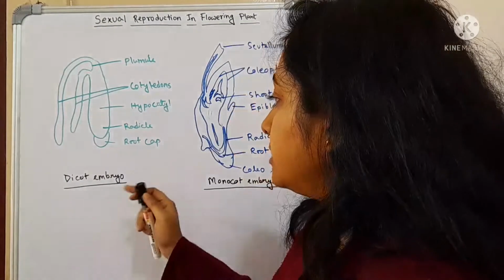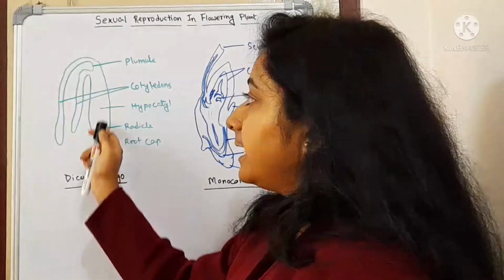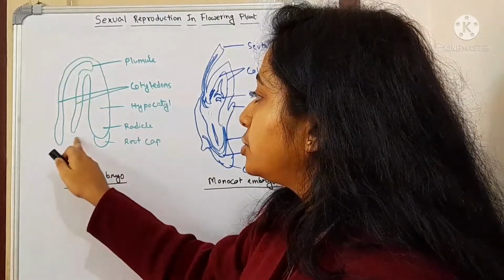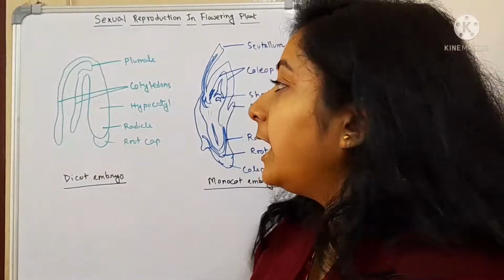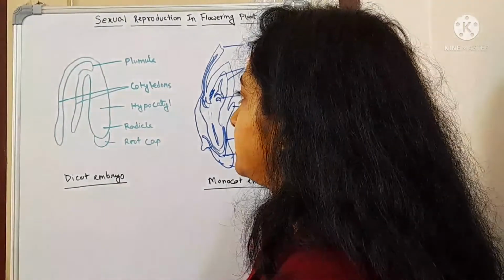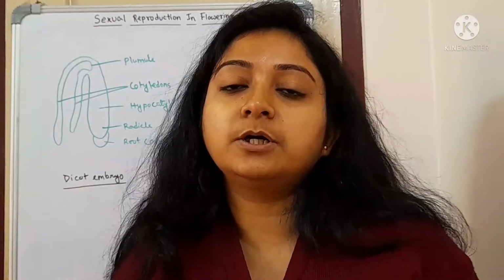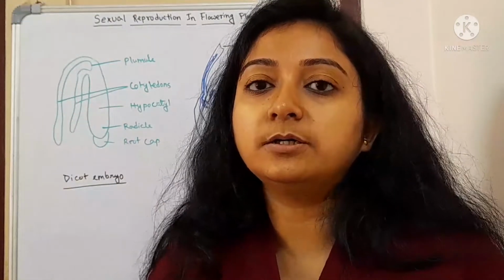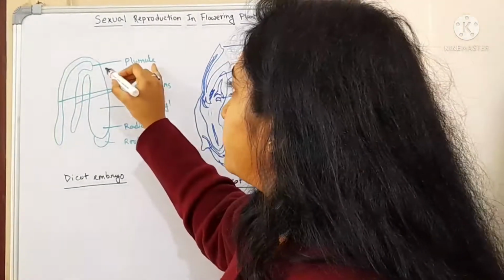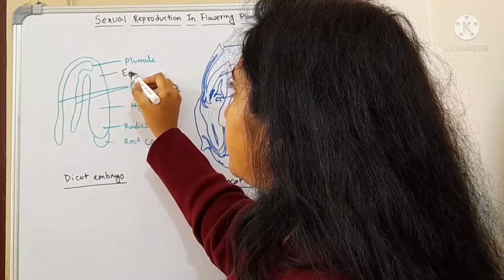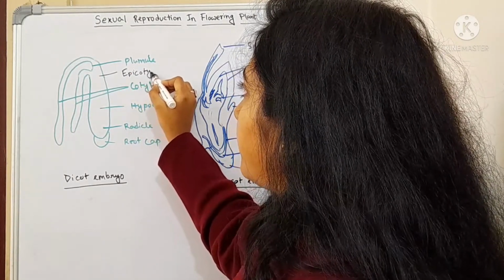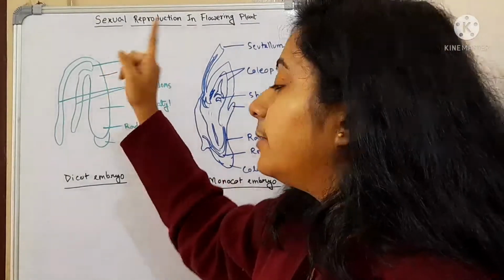In case of the dicotyledonous embryo, we can find two cotyledons. These two are the cotyledons, okay? Among the cotyledons there is one axis. The upper portion of the cotyledonous axis is considered the epicotyl, and the lower portion is considered the hypocotyl. The epicotyl gives rise to the plumule.